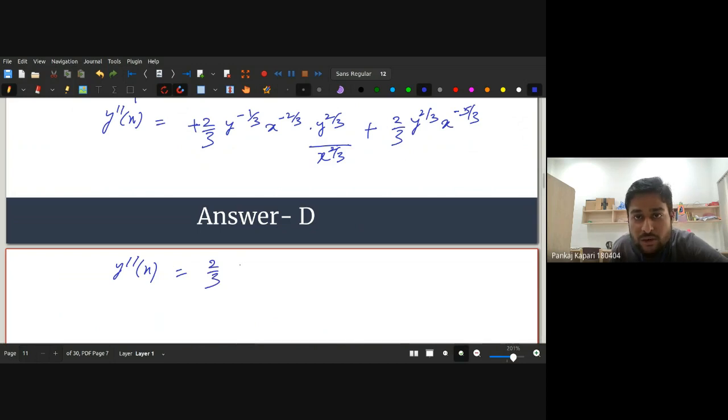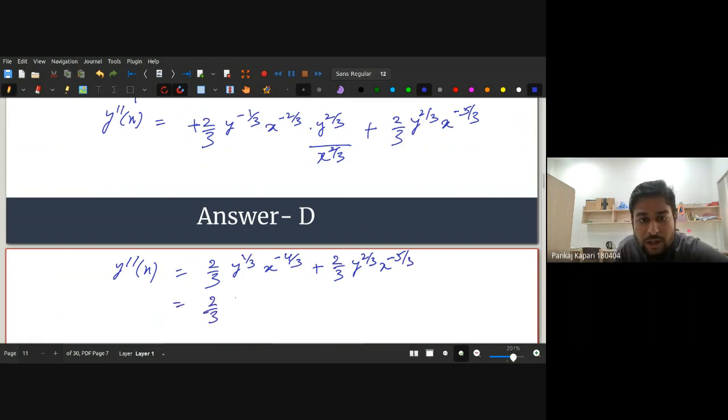Okay, first let's write out what is the final solution. You can see that these powers of y will just add up. So after adding powers of y, you will get y to the power 1/3 and x to the power minus 4/3 plus 2/3 into y to the power 2/3 and x to the power minus 5/3.